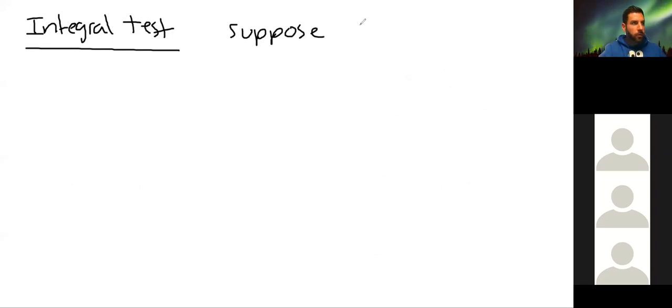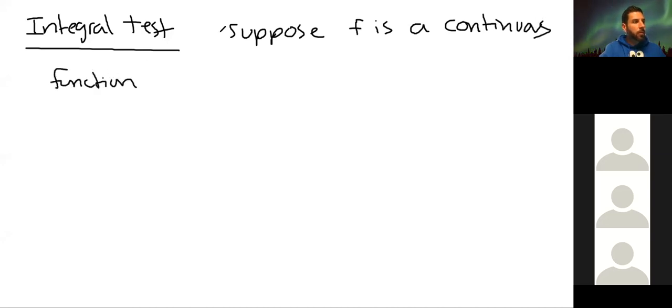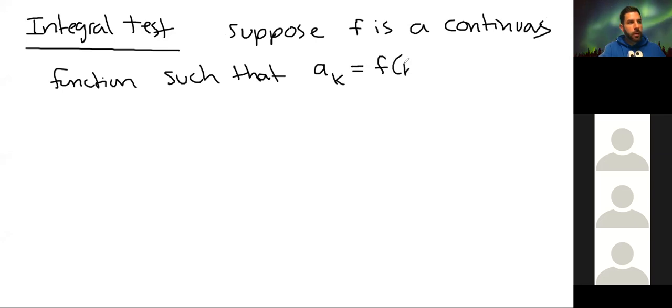So suppose f is a continuous function such that, let's be very careful, a sub k is equal to f evaluated at k. So suppose f is continuous such that that's the case.